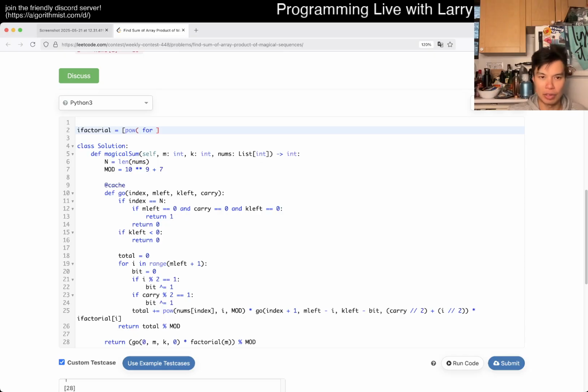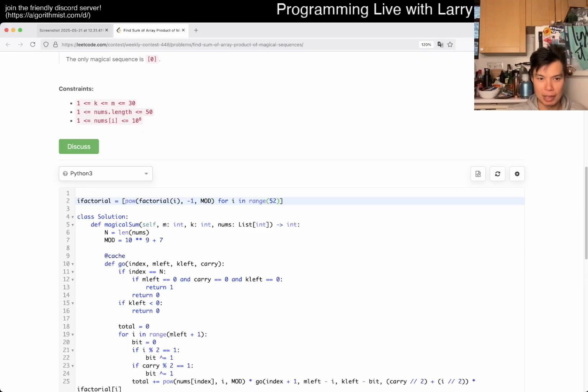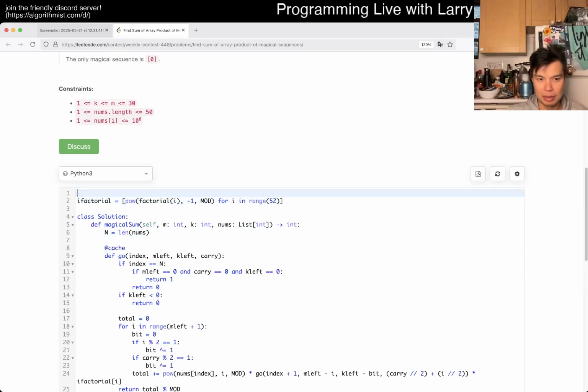Oh, just I factorial. So factorial of I to the power of -1 on mod. I'm kind of writing this lazily, but it's only like 50, so it should be fine. It would just be 52, something like that, right? Mod. Oh, I don't have mod outside. Okay, fine.